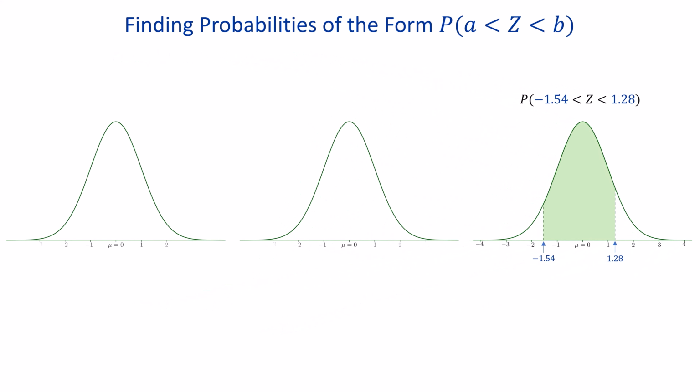We'll start by drawing two additional standard normal distribution curves. To find the area bounded by negative 1.54 and 1.28, we first look up the area to the left of 1.28, which we already know is 0.89973 from our previous example. Then we look up the area to the left of negative 1.54, which gives 0.06178.